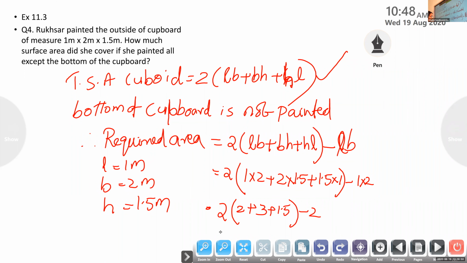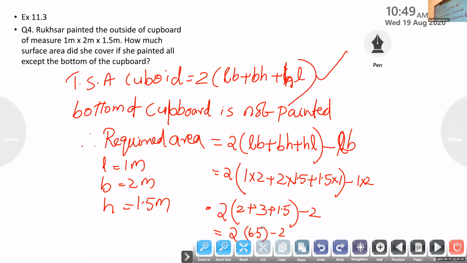It is equal to 2 into, in bracket, 2 plus 3 plus 1.5, which is 6.5.